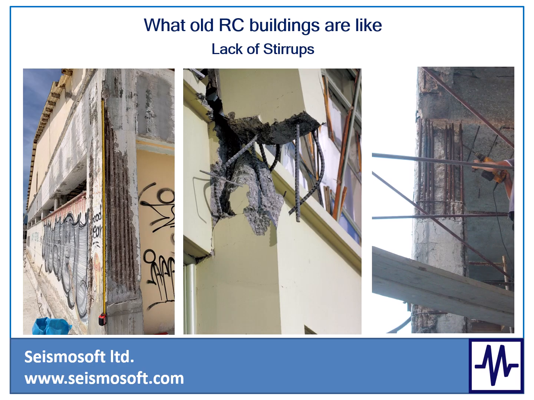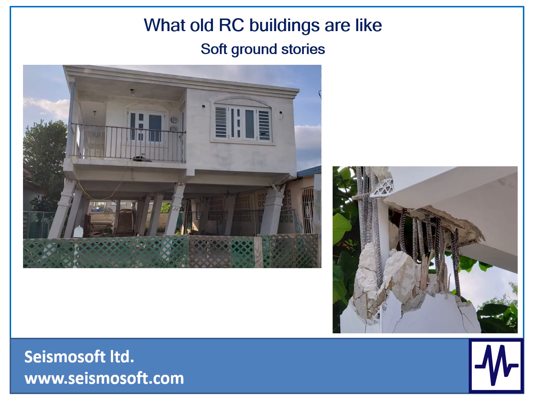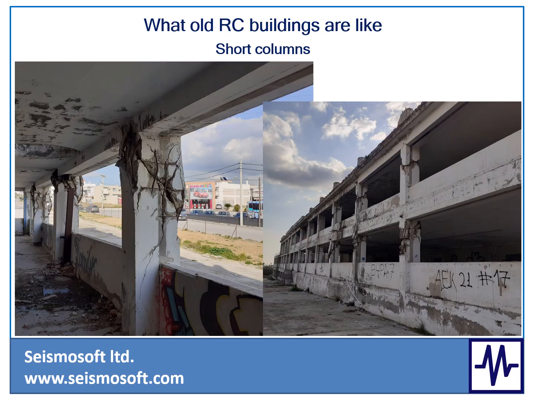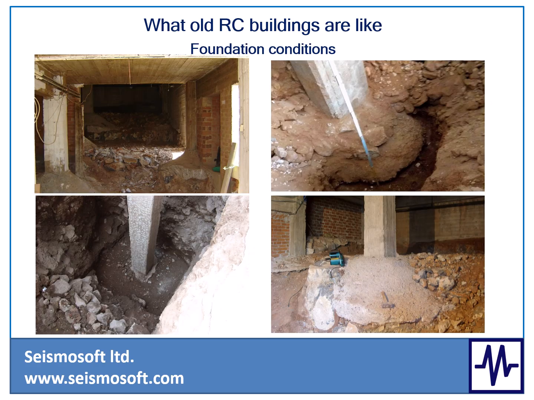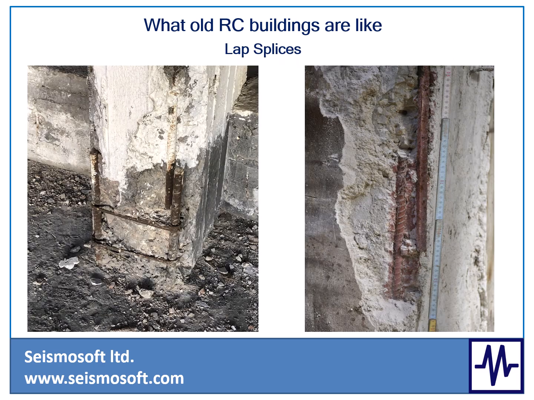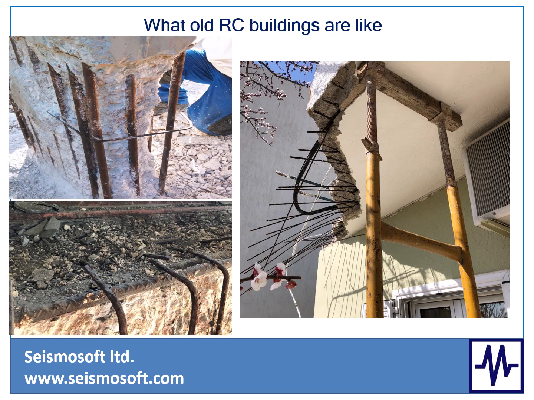The main problems are: the lack of stirrups, the soft ground stories, the short columns, problems in the foundation system, the short lap splices, and several other problems that make older reinforced concrete buildings vulnerable to earthquake actions.